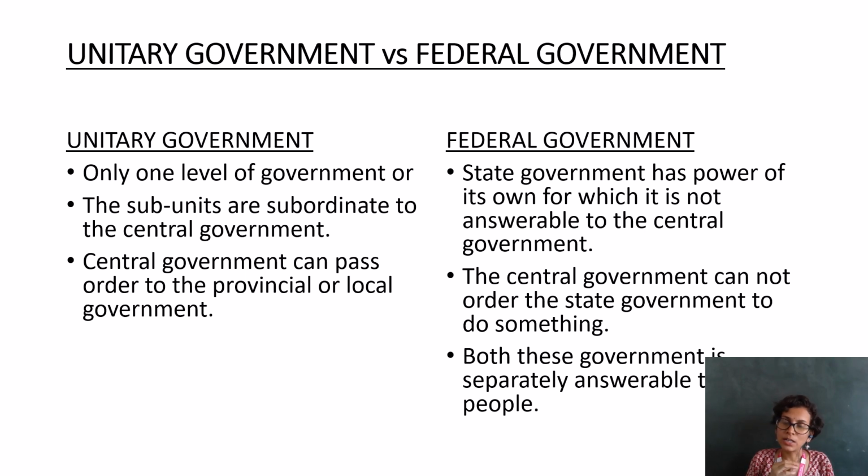And if you see the third point, both governments are separately answerable to the people. Take the case of India: there are Lok Sabha elections which basically elect the central government bodies, the members of parliament, and then they form the central government.